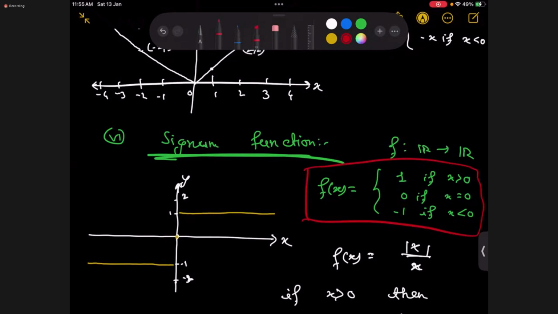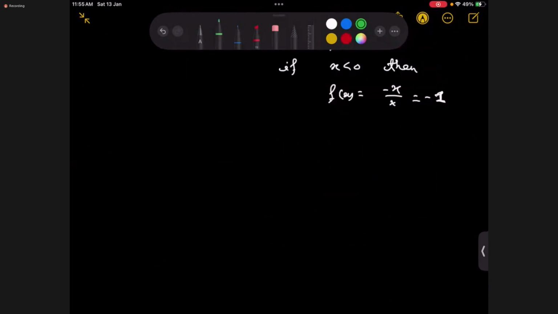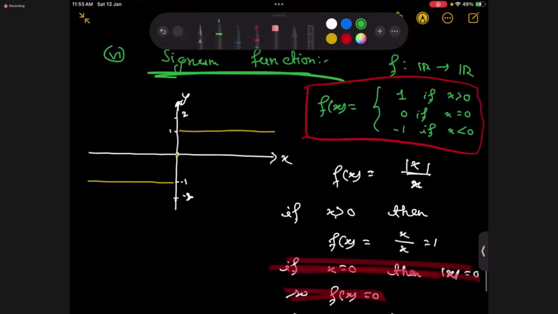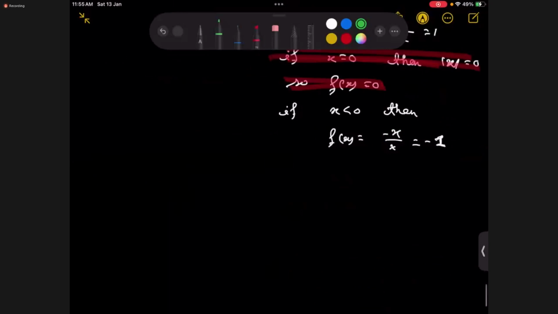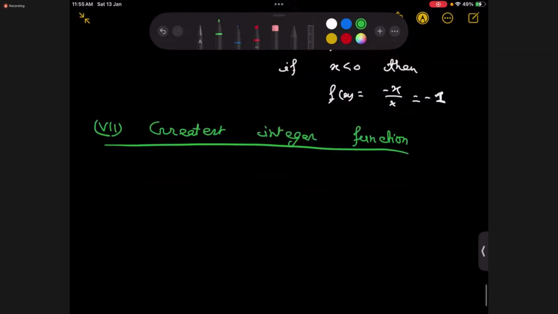And the last type of example, it is important for you also, is the greatest integer function, the seventh one. So what is the function defined as?